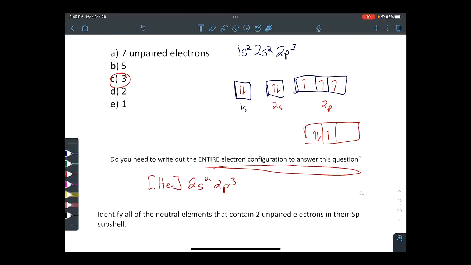So in this case, I have a pretty light element. It's nitrogen. But what if I asked you, how many unpaired electrons are in cesium? Cesium has 55 electrons. Ooh, I don't want to draw that many arrows. But you don't have to, right? What is the shorthand noble gas electron configuration for cesium?